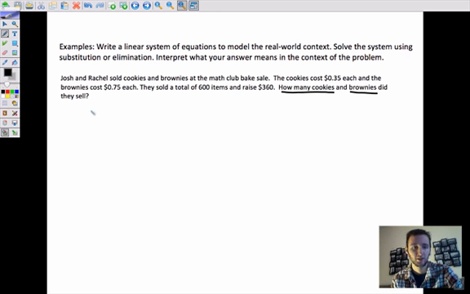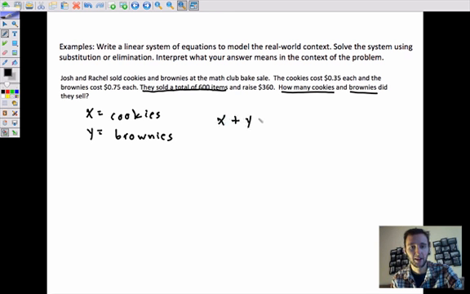So if our two variables are cookies and brownies, we know because they sold a total of 600 items that x plus y equals 600. The amount of cookies sold plus the amount of brownies sold has to equal 600 because that's the total number of things they sold.